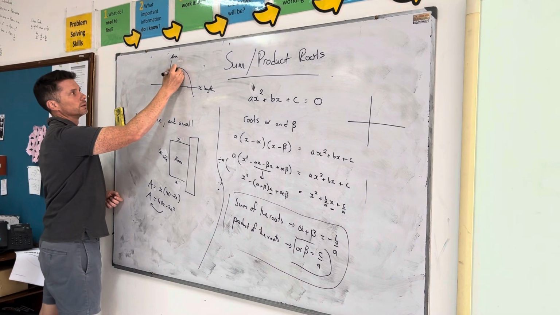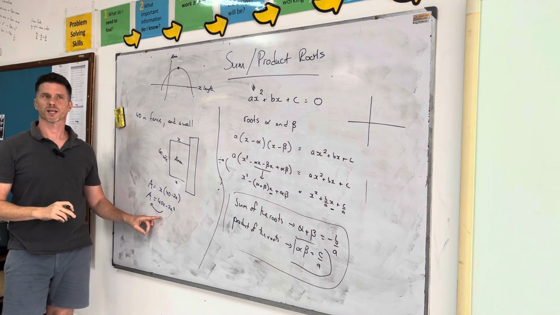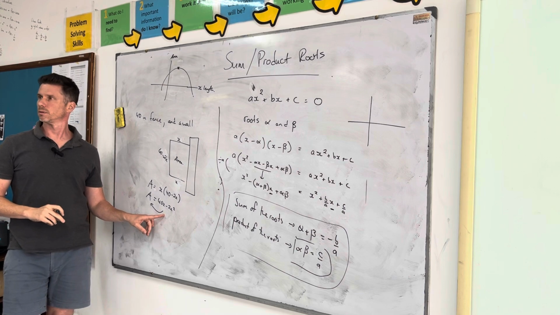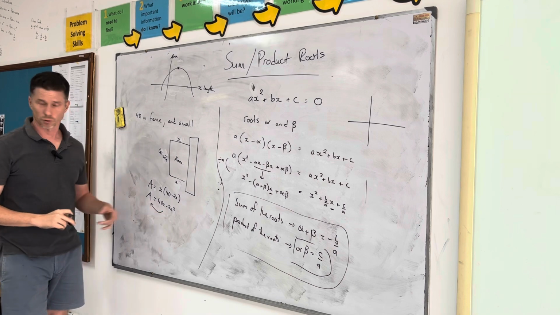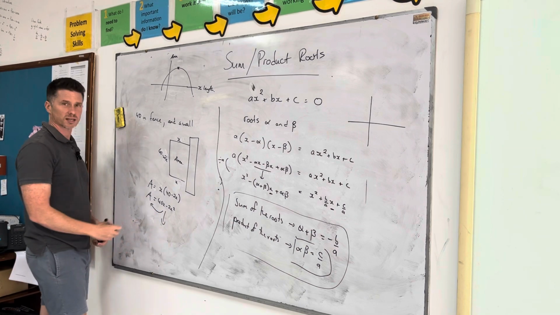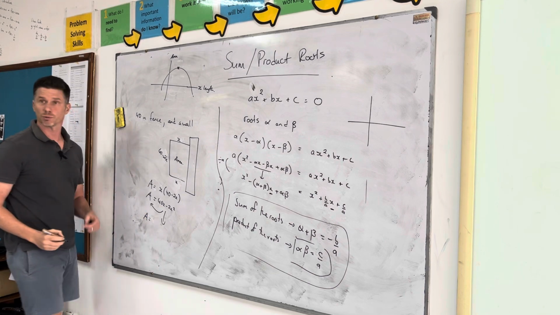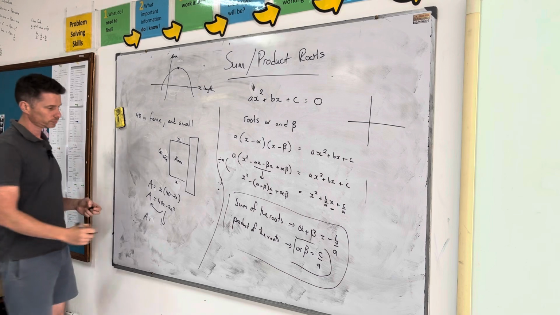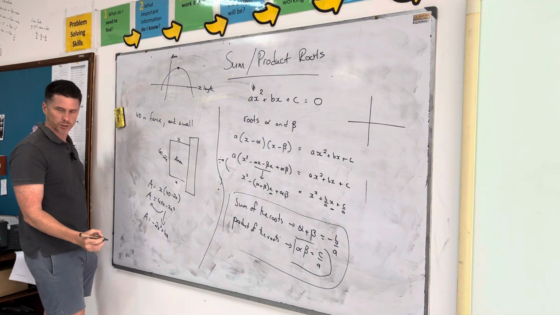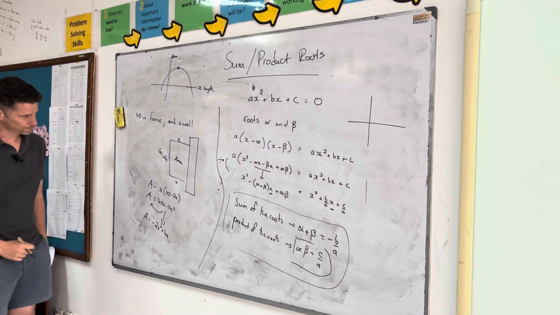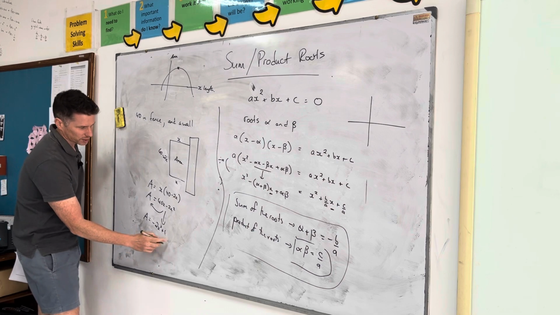If we found the maximum of this, how do we go about finding the maximum of a curve? Vertex or axis of symmetry, yeah? So if we just go straight to the axis of symmetry, the axis of symmetry will give us the x value. So negative 2x squared plus 40x, we don't have a c, but that's okay. 40x, not 4.